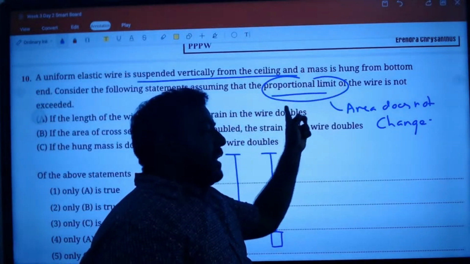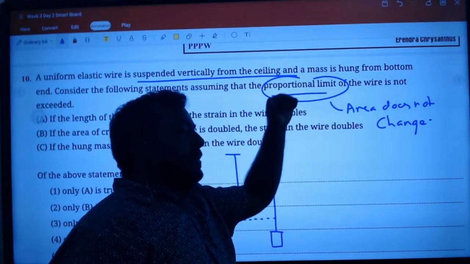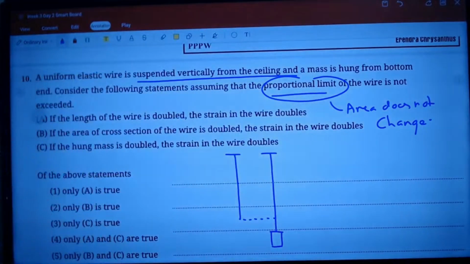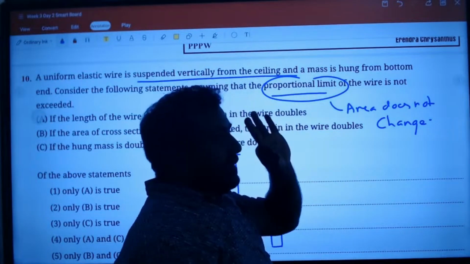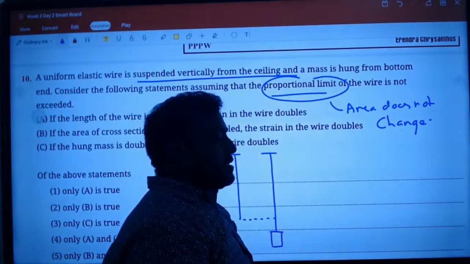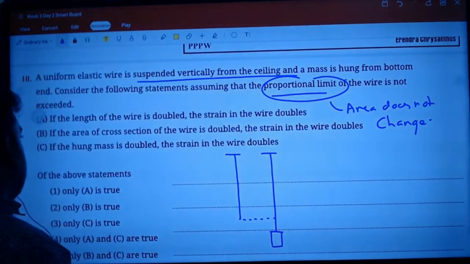It is given that the object is within the proportionality limit, which means the cross-sectional area will not change.